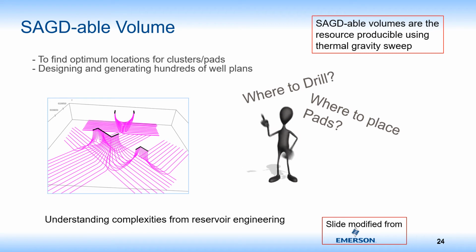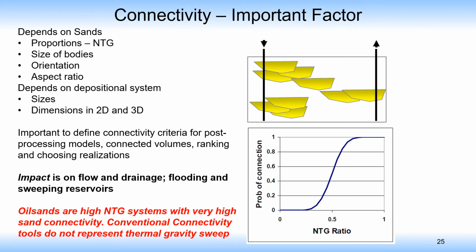So we want to understand these complexities. Okay, so we want to get at the SAGDable oil volumes, and these are the resource producible using thermal gravity sweep, the SAGD based technology.